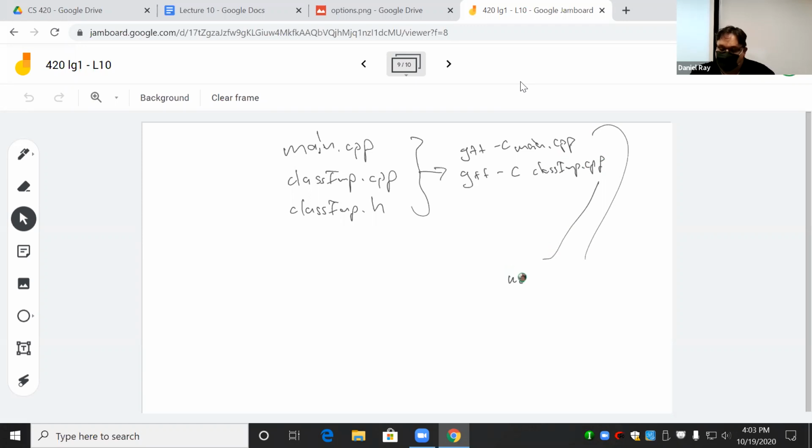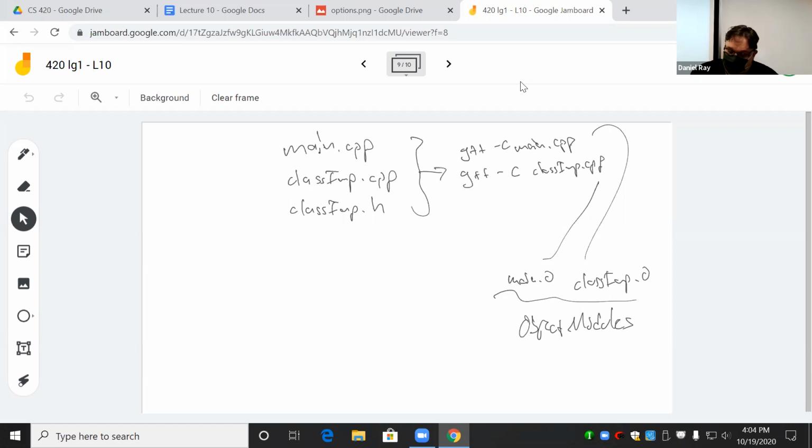So main.o and class imp.o. Why are these called .o files? This is an object file. Yeah. These are what we would think of as object modules in terms of operating system.